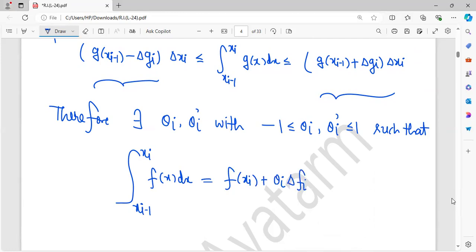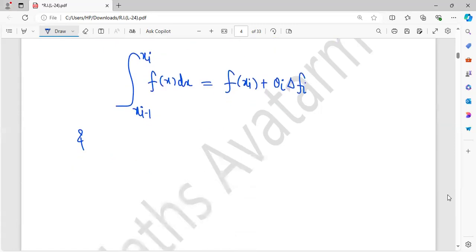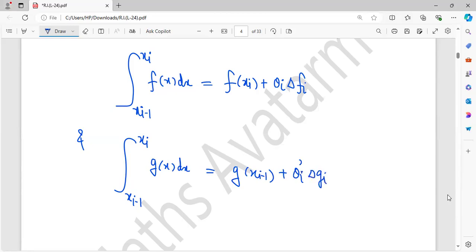And the integral from Xi minus 1 to Xi of Gx dx is equal to G(xi minus 1) plus theta I dash delta Gi. Let's call this combined equation 2.